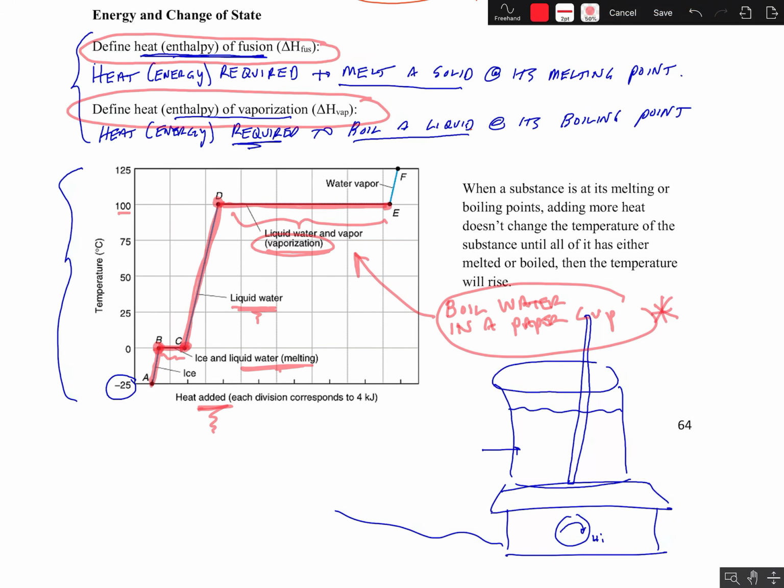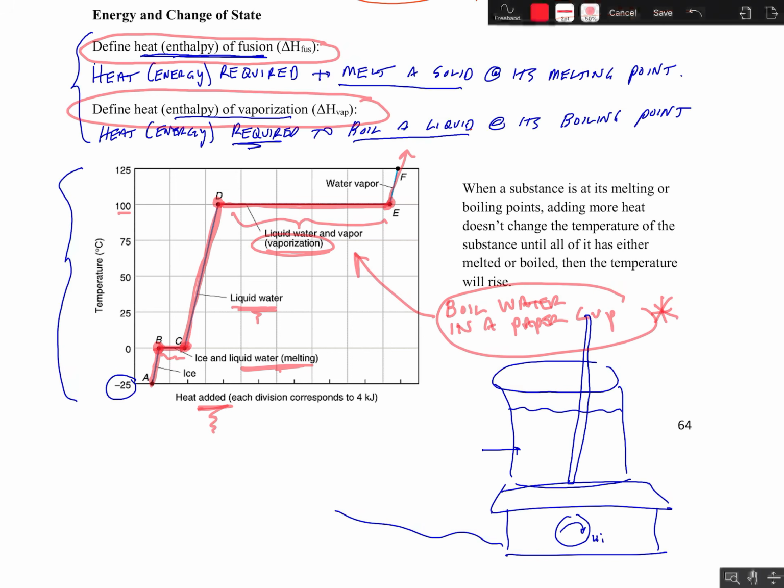So you'll be watching this demonstration in conjunction with this video. All right, then we get to point E. And from point E onwards, the temperature can go up because the phase change is complete. The water now is all gaseous, and we just increase the temperature of that gas as we add more heat.